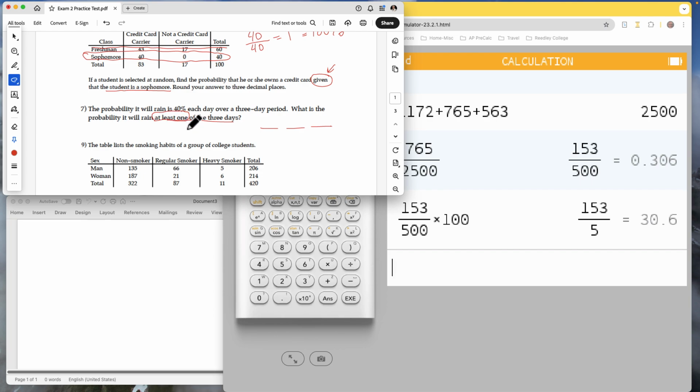It means that if we calculate none, no rain at all, and subtract it from 100%, we will have this answer in a much easier way, because the only way it cannot rain is that on each of the 3 days it doesn't rain. So the probability of not raining is, if it's 40% rain, it's going to be 60% no rain.